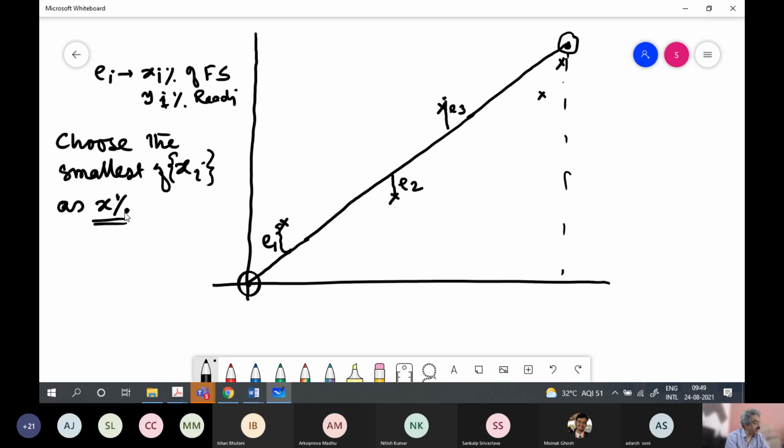If we choose the smallest of Xi, then smallest or largest? No, not smallest. How can it be smallest? It cannot be smallest. So it has to be largest.